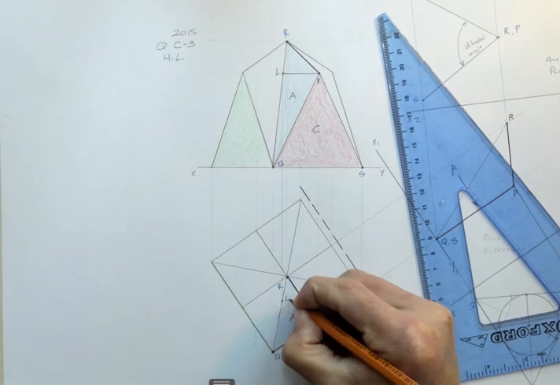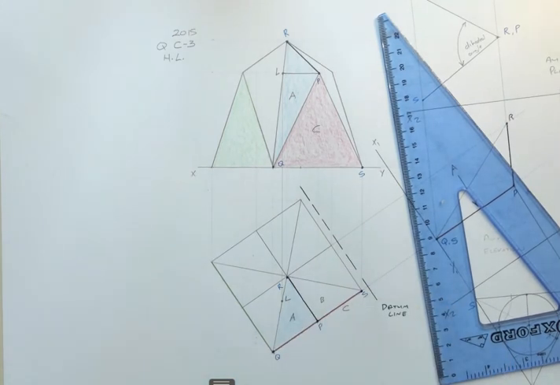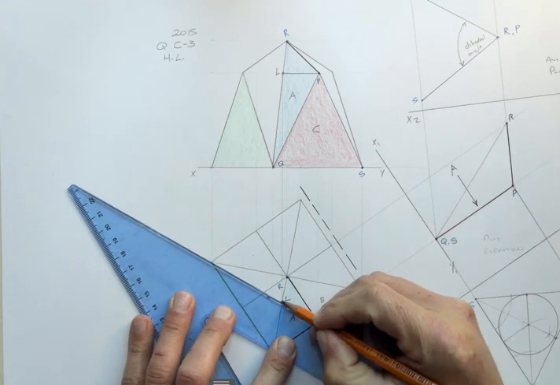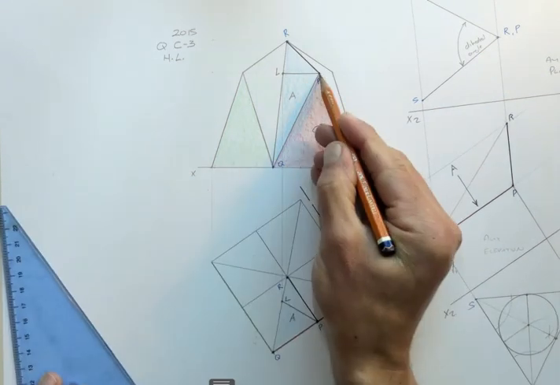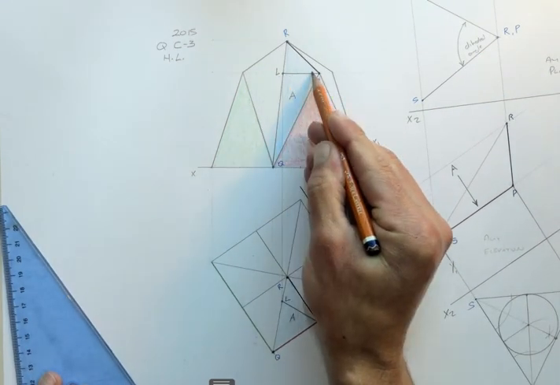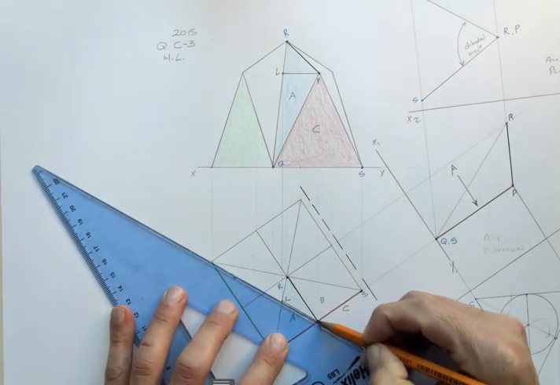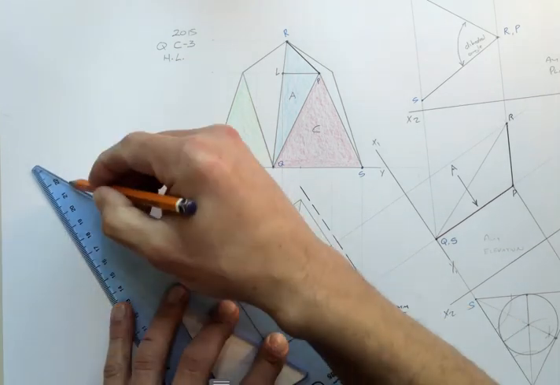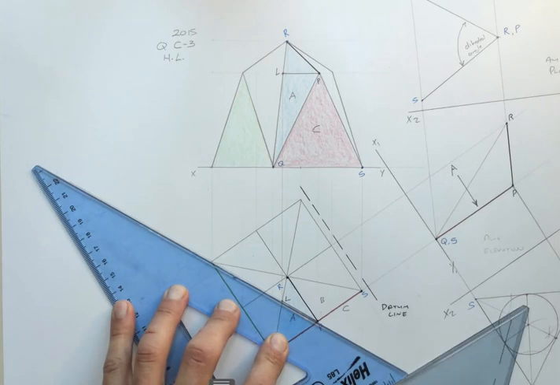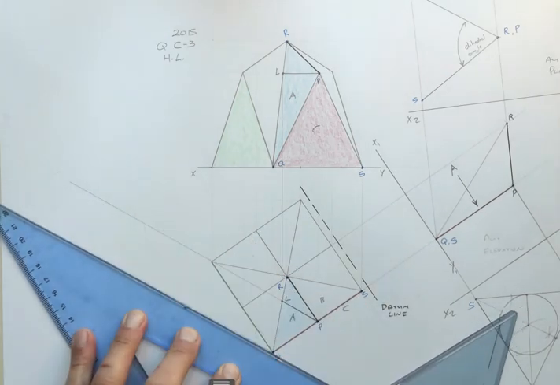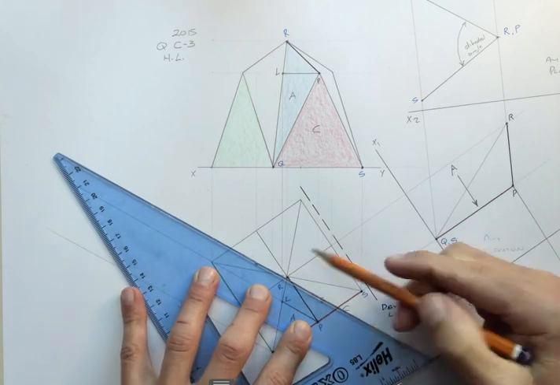And we find point L in plan. That is our horizontal line drawn in plan. So we've got the elevation of the horizontal line, we've got the plan of the horizontal line. And all I do is draw an auxiliary elevation looking along that line. So project out an auxiliary elevation that looks along that line. Project out point Q and project out point R.